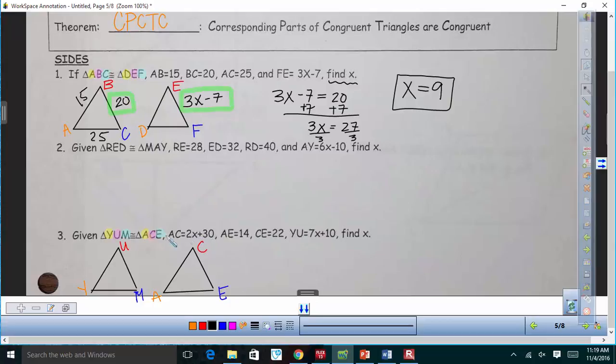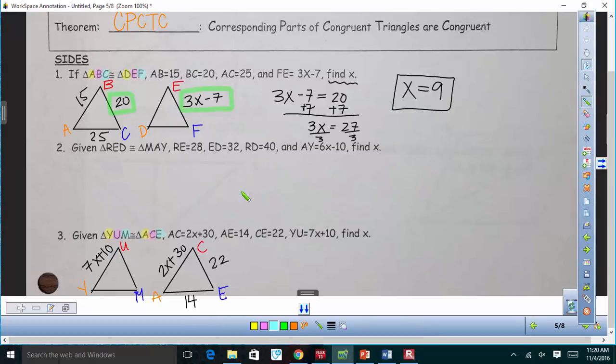So A to C would be 2x plus 30. A to E is 14, and C to E is 22. Then it gives me Y to U is 7x plus 10.